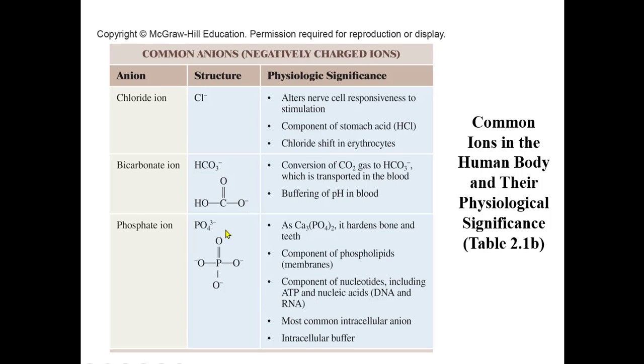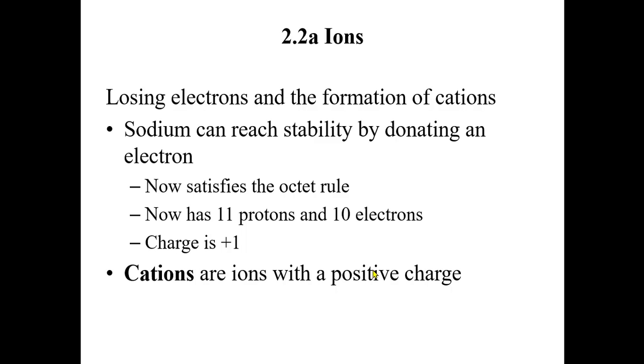Phosphates are a -3 because you see 1, 2, 3 slots are missing. So -3. So these are negative charge. Now negatively charged ions are called anions. A-N-I-O-N. Anions. Okay, those terms are now available to you on this slide.